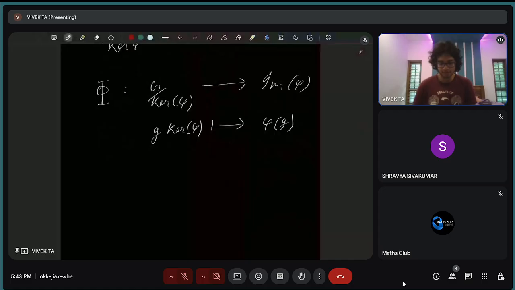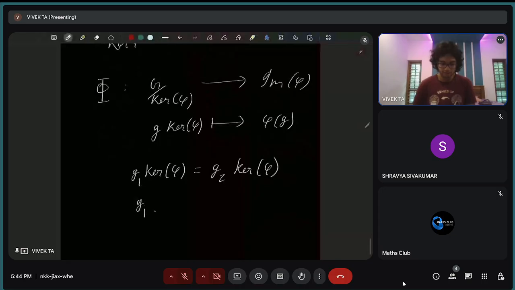The proof of it being well defined is to take two elements such that g1 kernel phi equals g2 kernel phi. This would imply g1 belongs to g2 kernel phi.